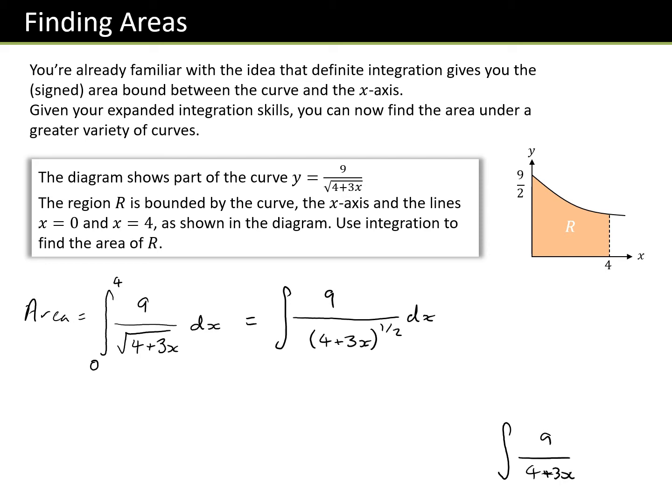However, if you have a power across the entirety of the bottom, what you can do is write it as a negative power and then just integrate normally using reverse chain rule. Because we have a power across the entirety of the bottom of this fraction, we can just write it as a negative power.